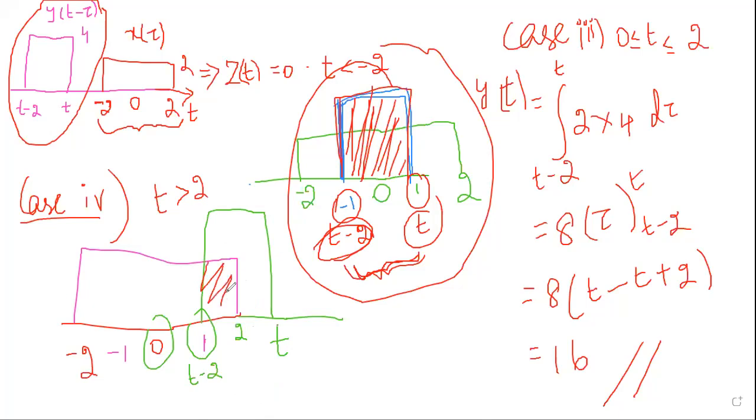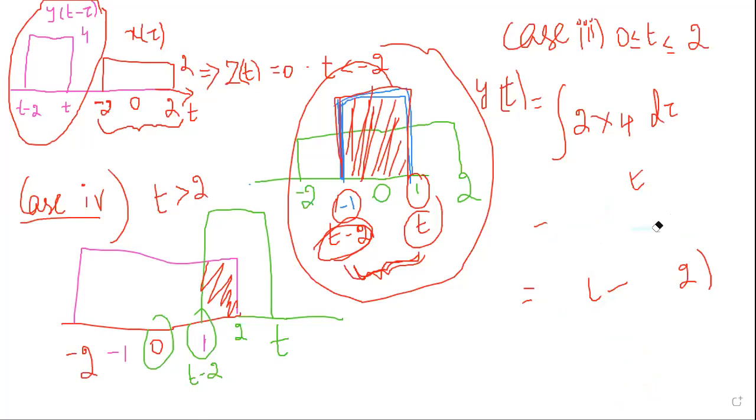Common place is this. Can anybody tell me what is my final output y of t limits? T minus 2 to 2. Very good. So I will write the lowermost limit is t minus 2 to 2.